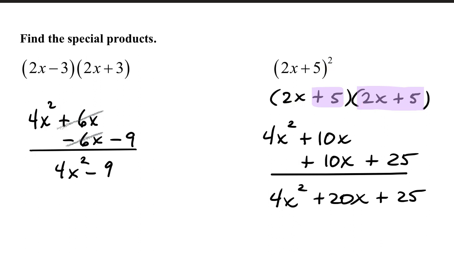So if we take two 2x plus 5s and multiply them, we'll have 2x times 2x, 2x times 5, that's 10x. Move to your 5, then that's 10x and 25. This time the terms in the middle add up to a total of 20 x's. So we have 4x squared plus 20x plus 25.